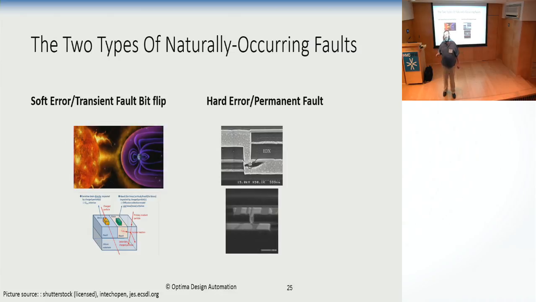But there's a certain rate at which bits are flipped in our design because of external radiation. And hard errors are, as you can see here, some of them come from the sun, and some of them come from outside the solar system. So both types are relevant in this case.